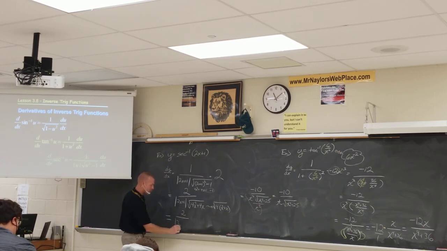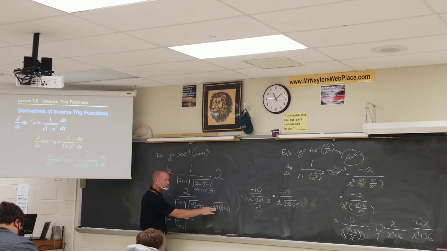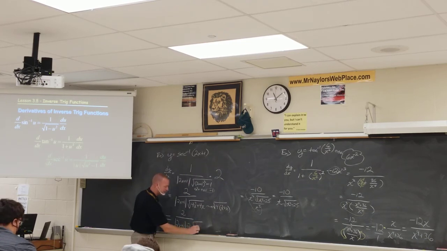All right, we get 2 over the absolute of 2x plus 1. Now we're able to take out that 4. Of course, it's a root 4, so we take it out as a 2. We still have the x squared plus x under the square root.